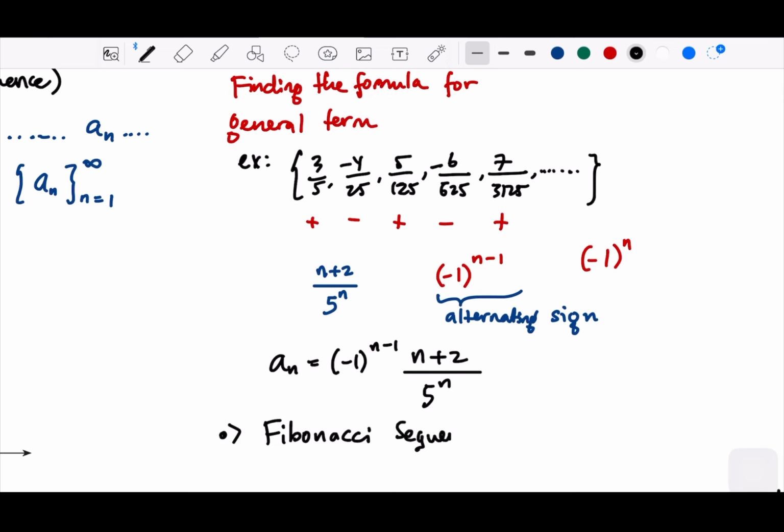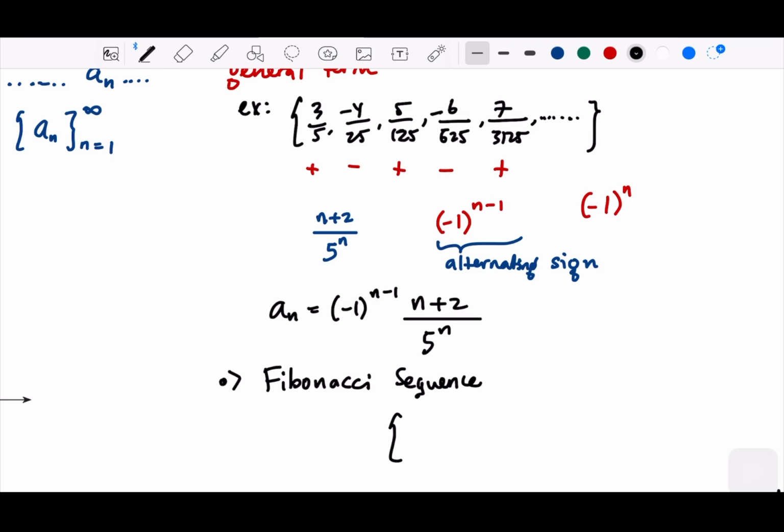Let me just write the numbers. Start with what? 1, right? And then 1. You start with these two numbers at the first term and the second term. And what will be the third term? The summation, yeah, we add, right? We sum the first and the second, which is 2. And then we add 1 and 2, which becomes 3. And then 5, and then 8, and then 13, and then so on.